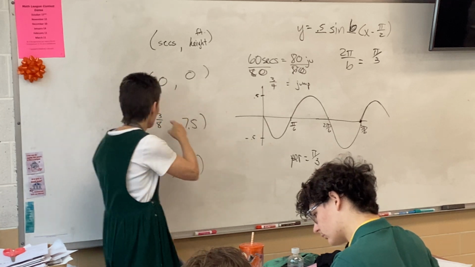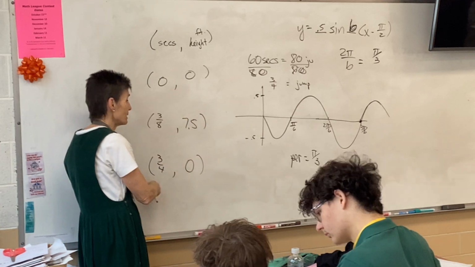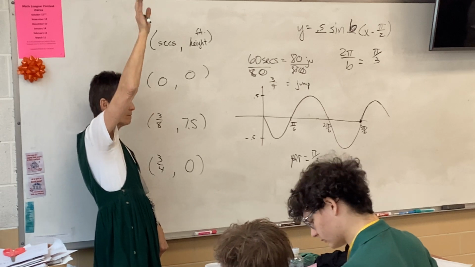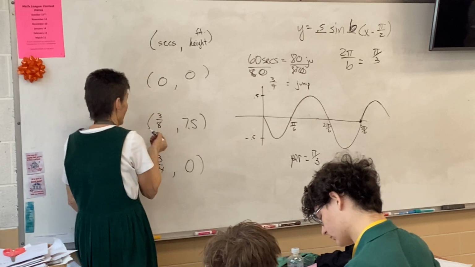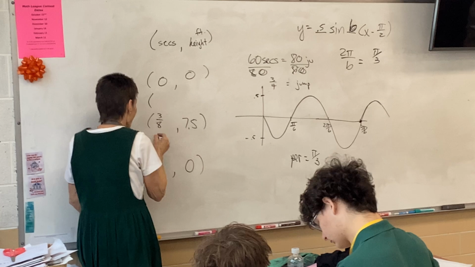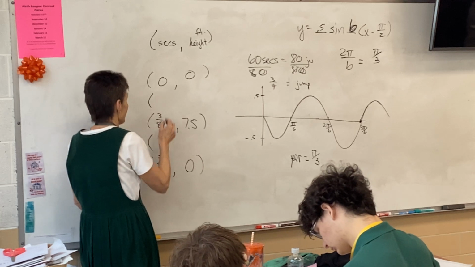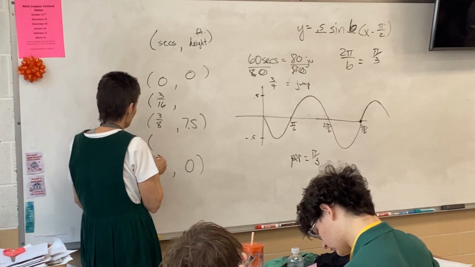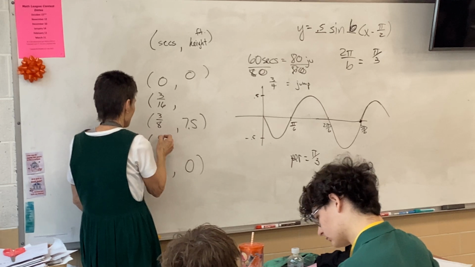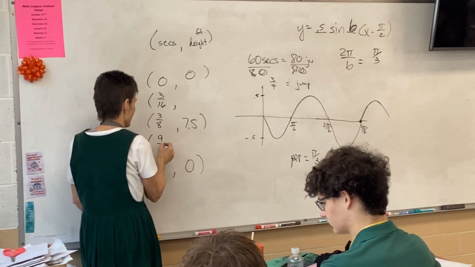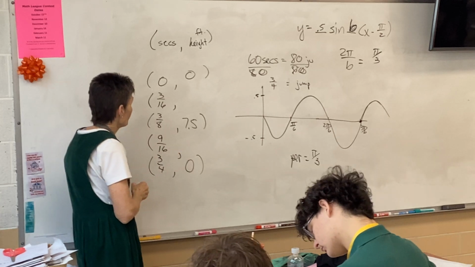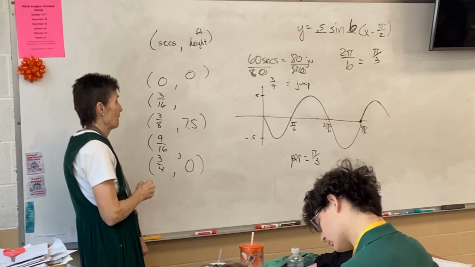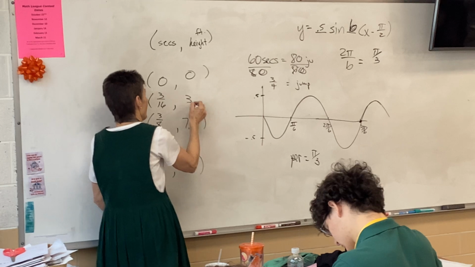Because it's on the ground here, it's on the ground here, halfway between it would be up here. And then the halfways of these, which would be 3/16 and 9/16, would be at 3.75, at your midline.